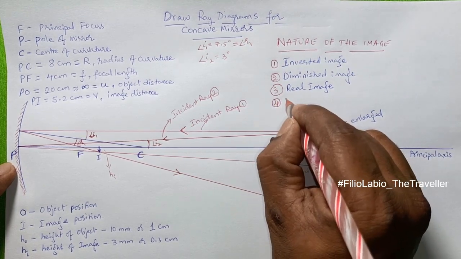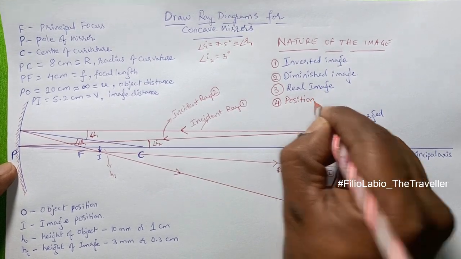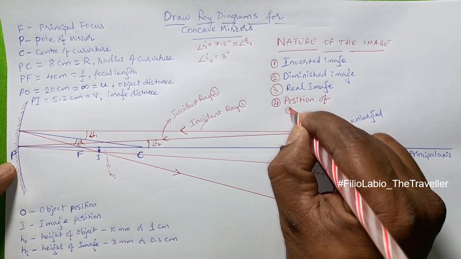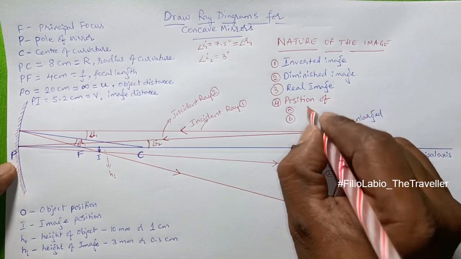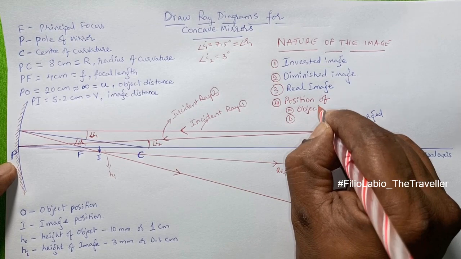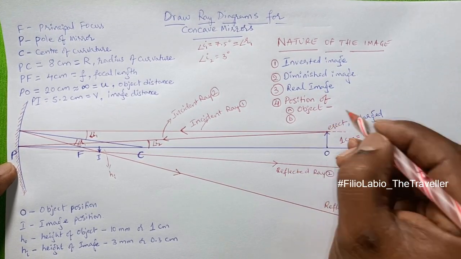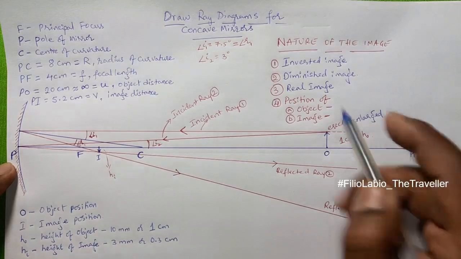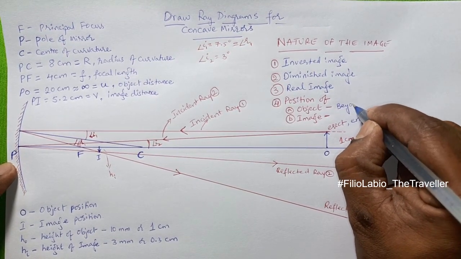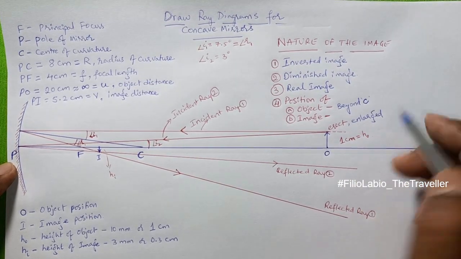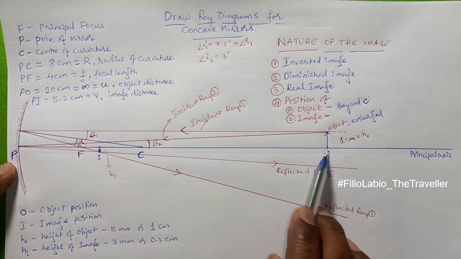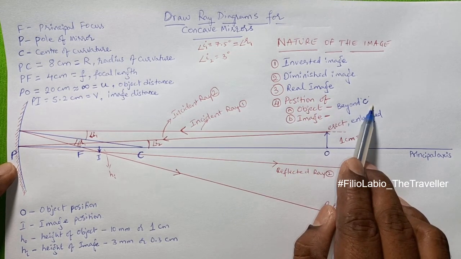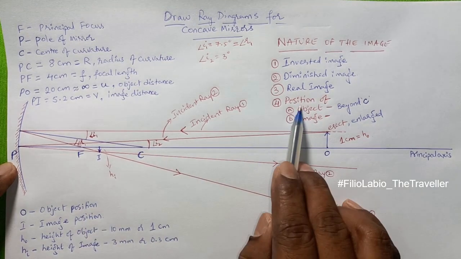Fourth point: position of object, which we treat as A, and position of image, which we treat as B. The position of the object is beyond the center of curvature, beyond C, because this is C and the object is very far away from C. O is the object position. Therefore, the position of the object is beyond C.